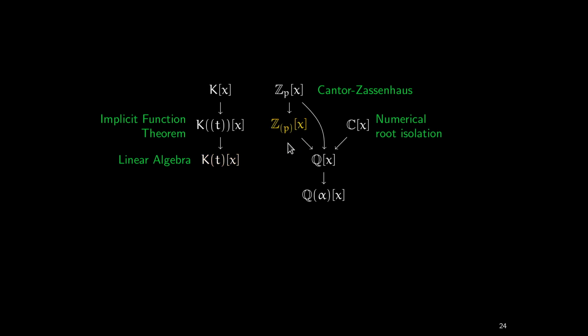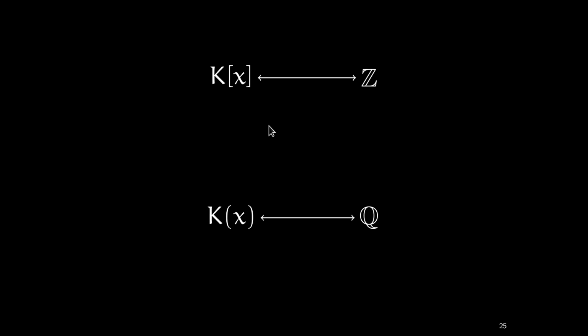What is this? So let's compare it to the setting here. You know that polynomials are very similar to integers, and that rational functions are very similar to rational numbers, because they are just quotients of integers and they are just quotients of polynomials.